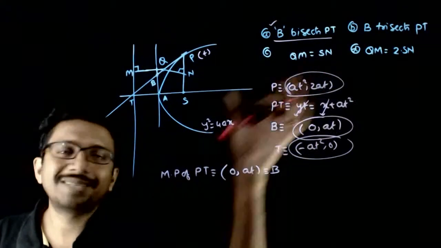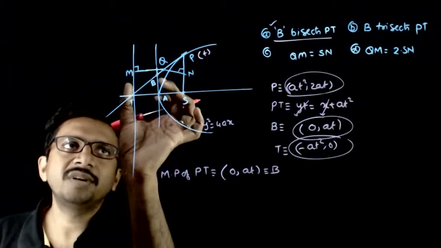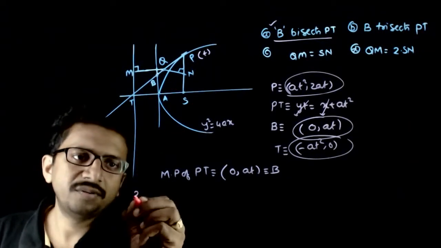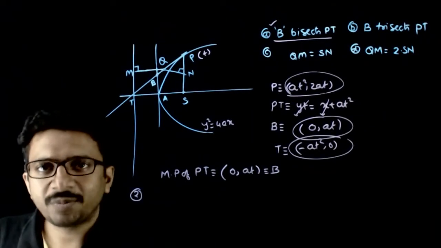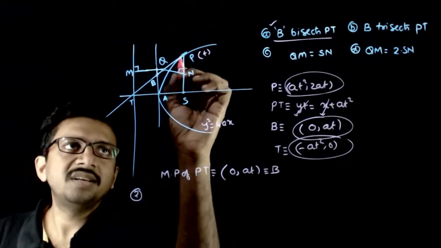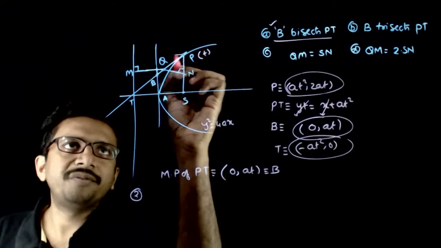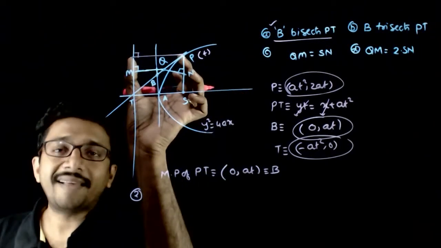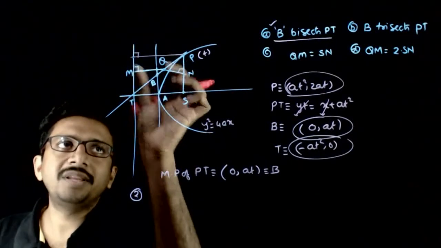Next, let us go to the next 2 options. Let us compare the lengths of QM and SN. For this, we use a standard property of parabolas: if you have a point P, you have the focal radius and the perpendicular from P onto the directrix.